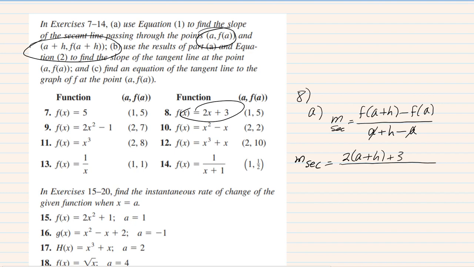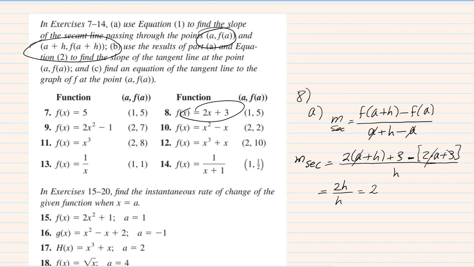That's just f at a plus h minus f at a. Well, f at a is 2 times a plus 3, divided by h. Distribute, we can see 2a and 2a, those add to 0, so I have 2h plus 3 minus 3 add to 0, so it's 2h over h, which reduces down to 2.